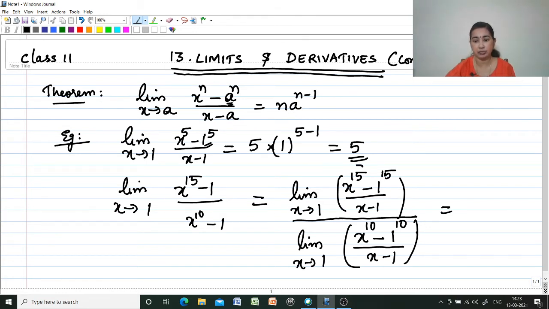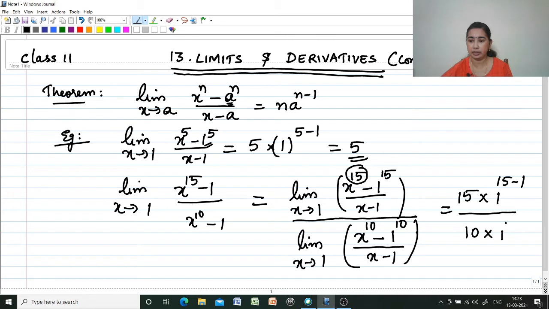Here instead of n it is 15, so 15, and instead of a it is 1, so 1 raised to 15 minus 1, divided by, here instead of n it is 10, so 10 into 1 raised to 10 minus 1. The answer is 15 divided by 10, 5 is common, so 3 by 2. Now one more example.